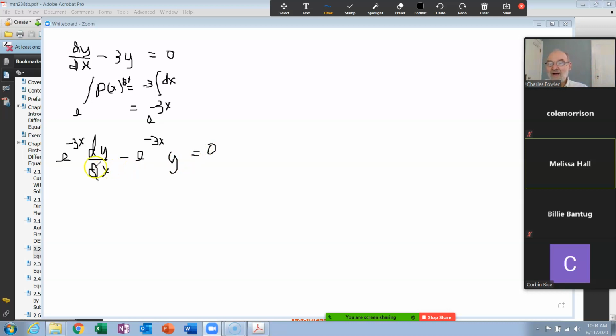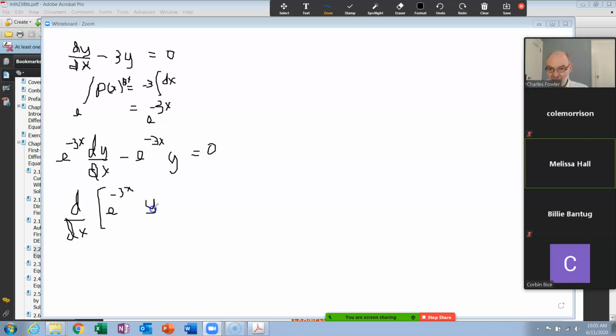Okay, now the thing to notice here. They claim this is a perfect derivative of the integrating factor e to the minus 3x times your y.